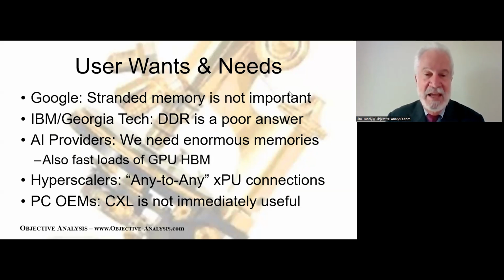IBM did something that Georgia Tech later tried out with CXL. IBM did it with the open memory interface, and Georgia Tech did it with models of CXL systems. But both of them believe that DDR is a poor answer, that it's better to have the memory interface abstracted so that you don't end up having to have the processor tied to a certain memory interface. And this is because over the past several years, you've seen the number of DDR modules that can be put onto a memory channel has gone down from 4 to 2 to 1.